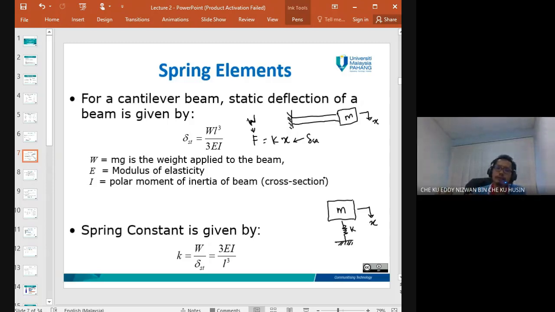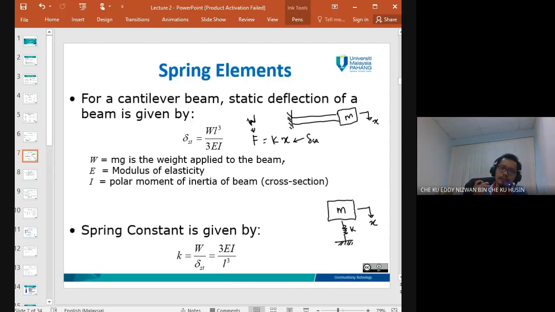Even though there is no spring in this system, we can still model it as a spring-mass system. There is no damper here. Actually, if you model it as actual, it should be a spring-mass-damper, but for this case we just go for the theoretical part, so we ignore the damping element. First we model it as a spring-mass system.